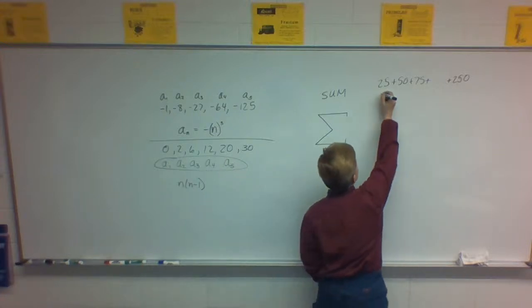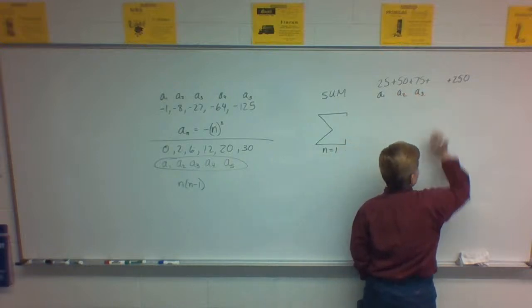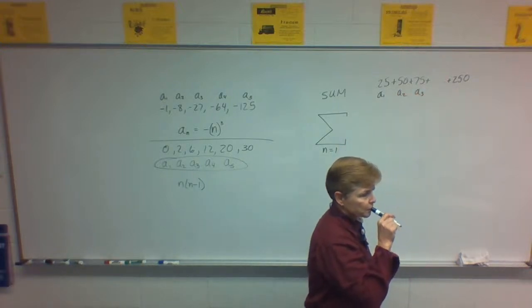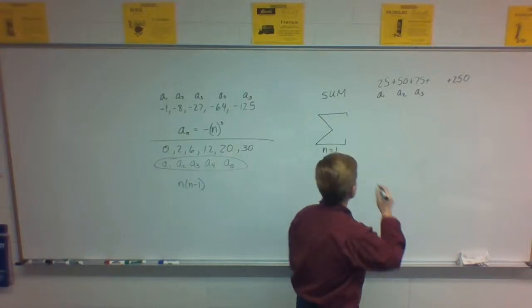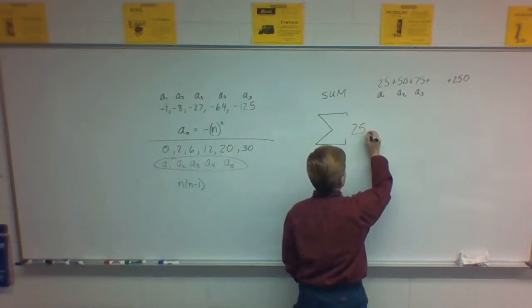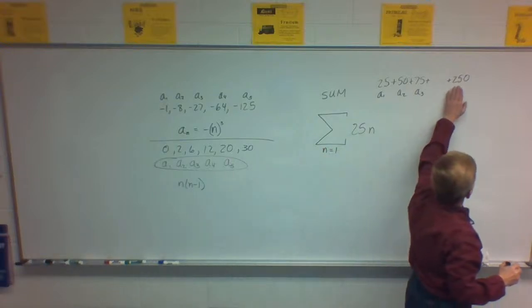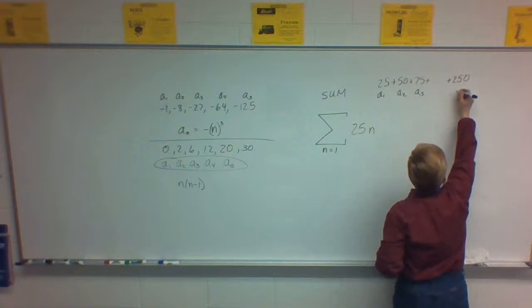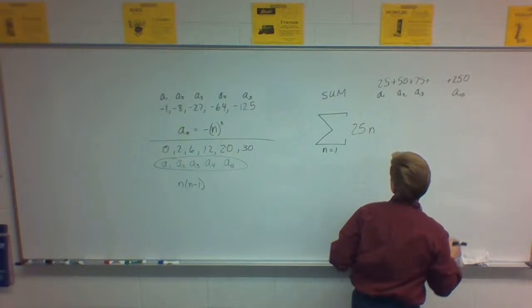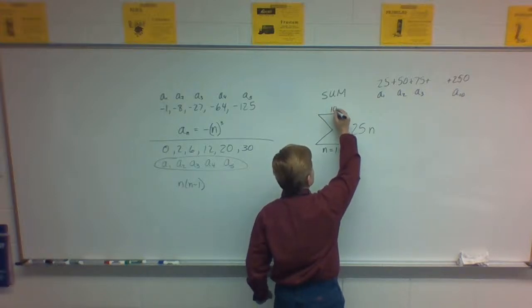If this is A1, A2, A3, and I don't know what this is, but we'll figure it out. N times 25? Yeah. So 25n. Which term will this be if it's 25n? The tenth. Good. So this is a 10. And what that tells us is we're going to sum from n equals 1 to 10.